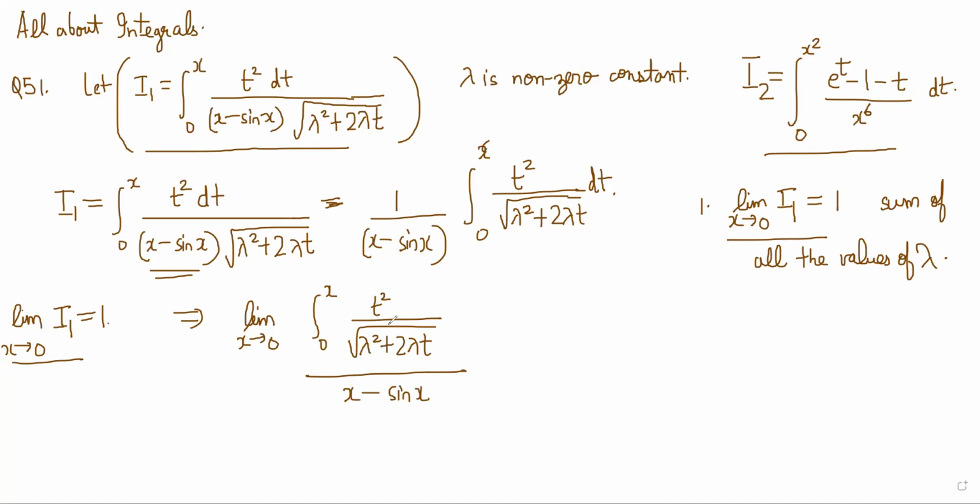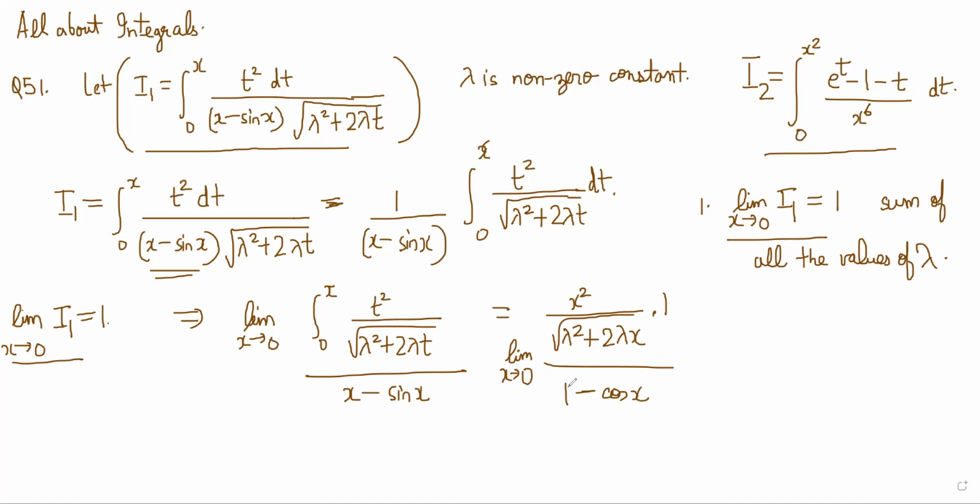And notice that this is in the 0 by 0 form, so I can apply L'Hospital's rule and differentiate the top and the bottom as well. So what I get is x square by root over lambda square plus 2 lambda x, into 1 divided by 1 minus cos x. Now I have to take the limit x tends to 0 here.